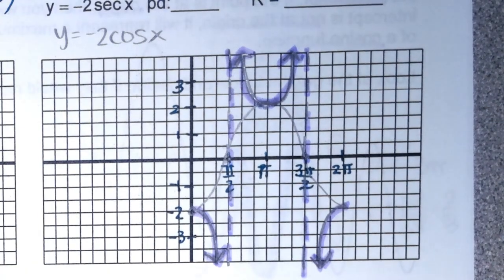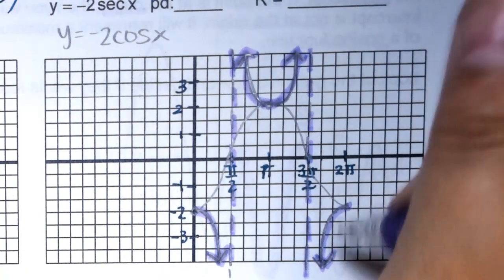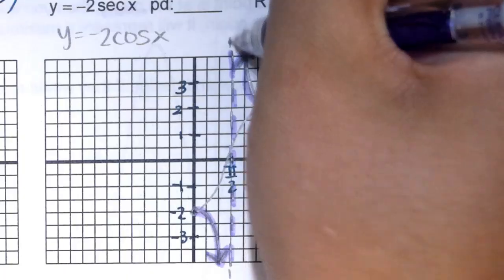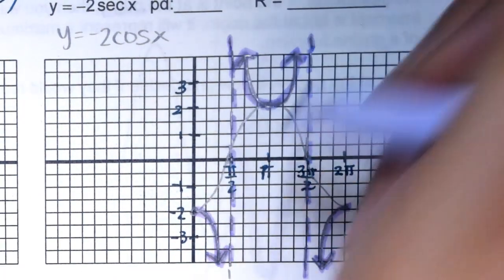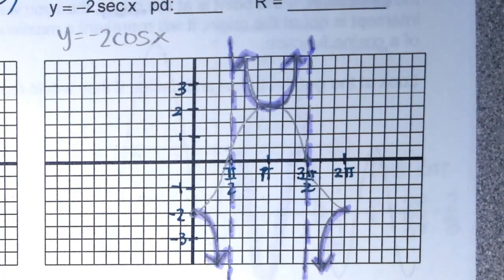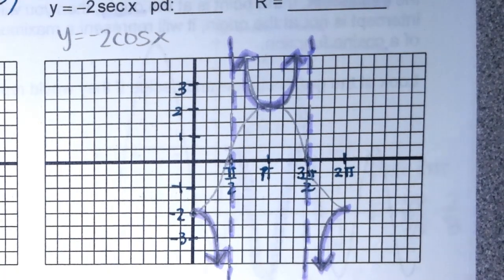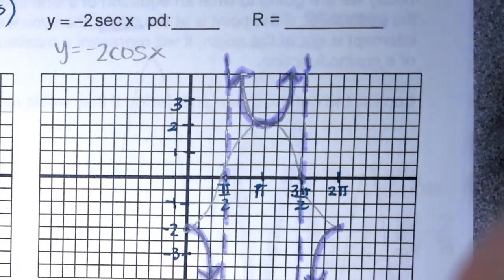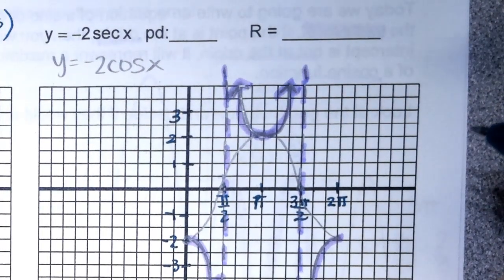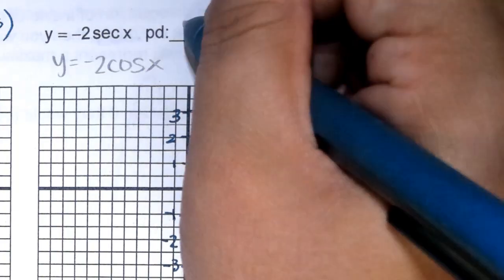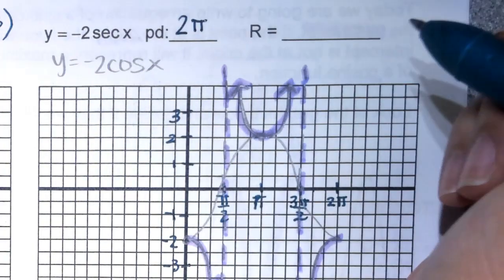Your asymptote needs to be further than your arrows, if that makes sense. Your arrows should never be above your asymptote. Y'all get me on that? And then what's my range this time? Oh, by the way, no b, so it's just 2 pi.